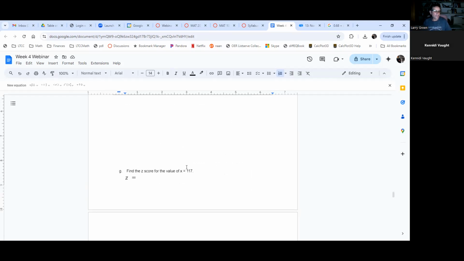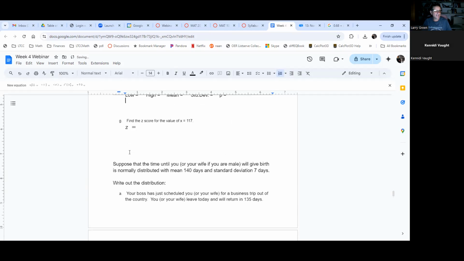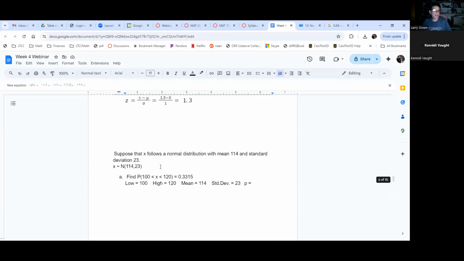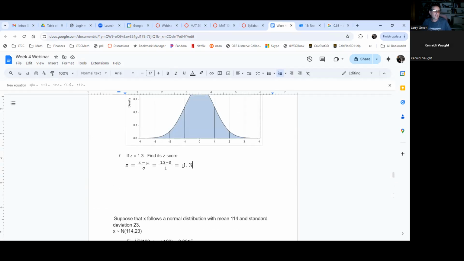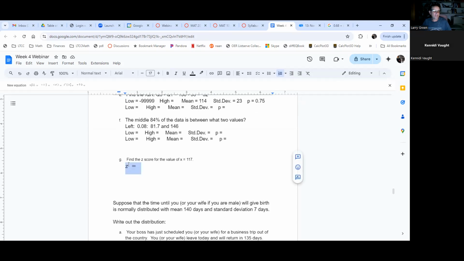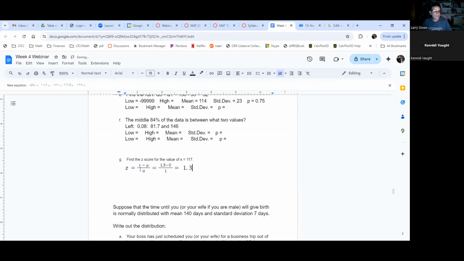Find the z-score for the value of x equals 117. This is actually quite easy. So z, again, I can even grab that other one I did. Copy and paste and adjust. Z is still (x minus mu) over sigma.